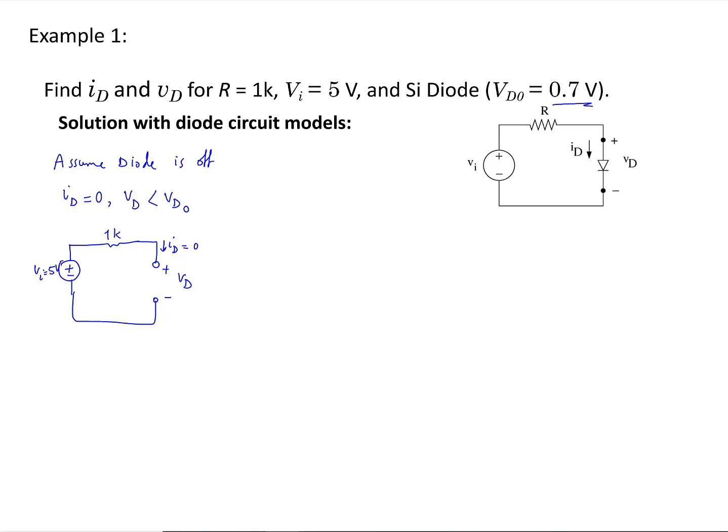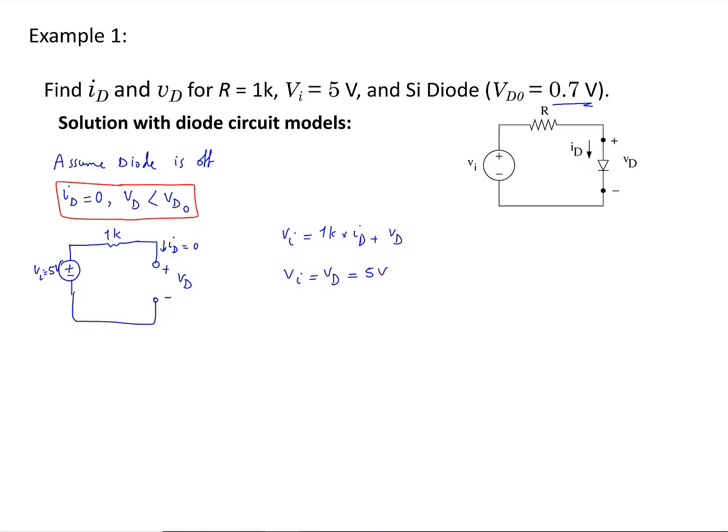I can write KVL in this circuit, so I'm going to say VI is equal to 1K multiplied by ID plus VD. Because ID is equal to 0, VI is going to be equal to VD, which is equal to 5 volts.